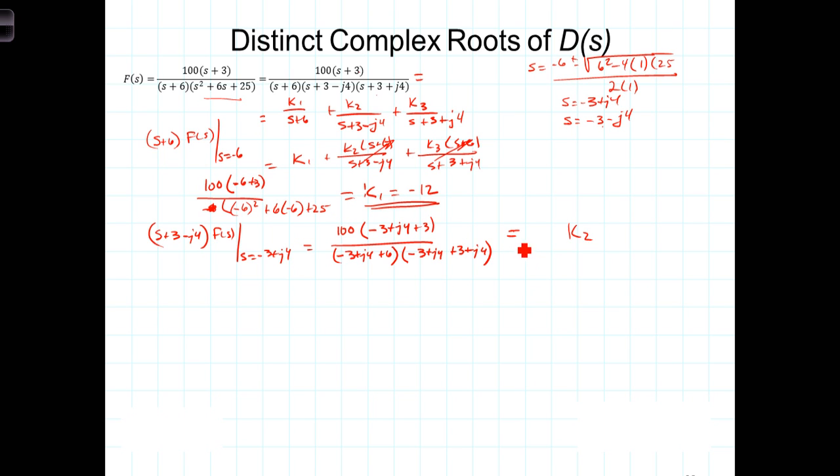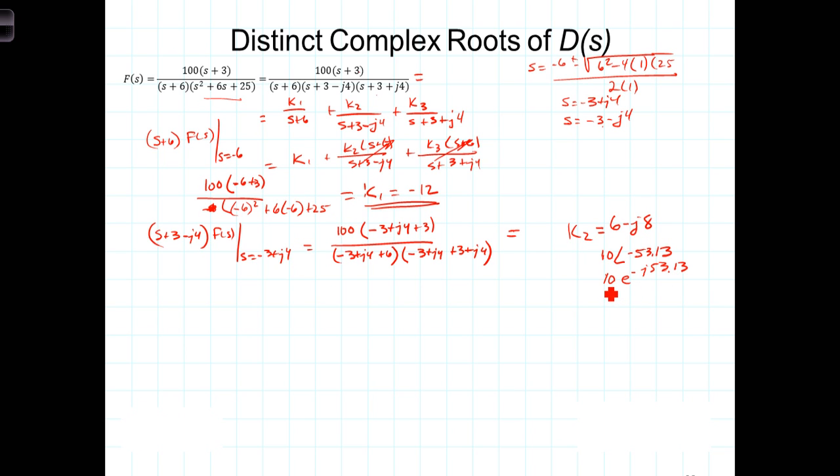So we get that k2 then is equal to this, which when we evaluate that, we get that k2 is equal to 6 minus j8, or we can write that in polar form as 10 angle negative 53.13, which we can write as also in exponential form 10 e to the minus j 53.13.